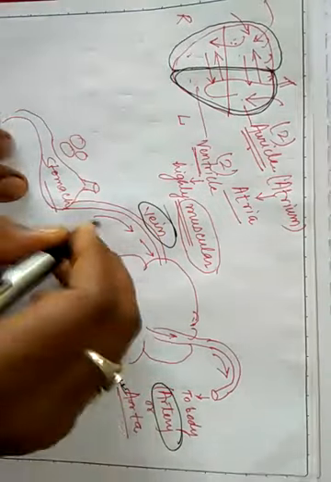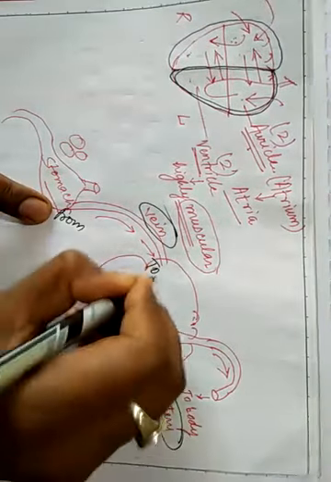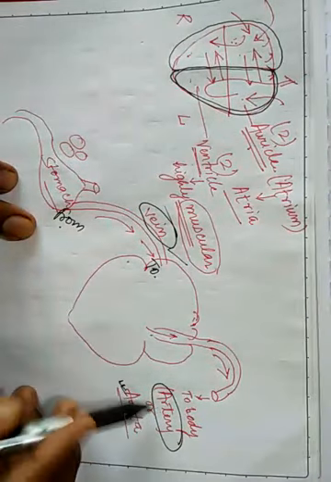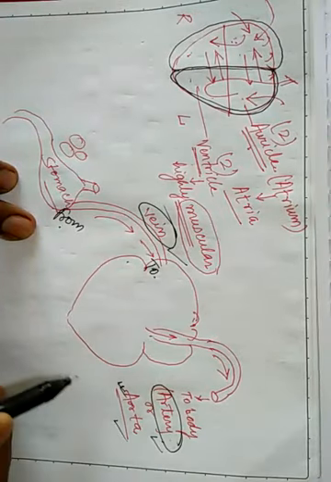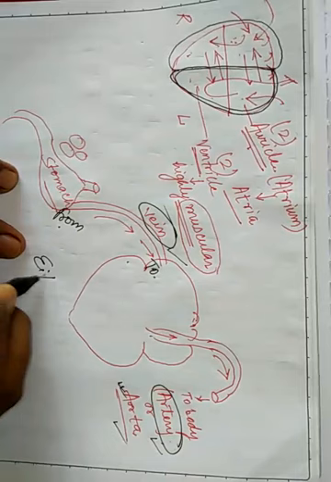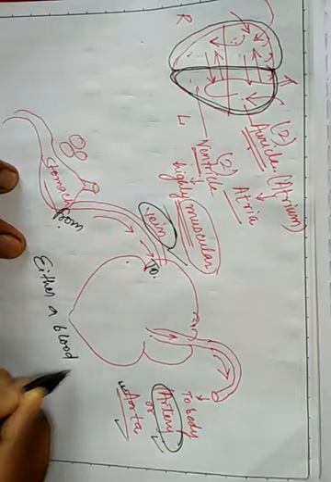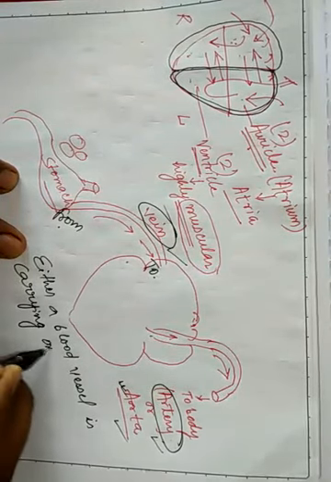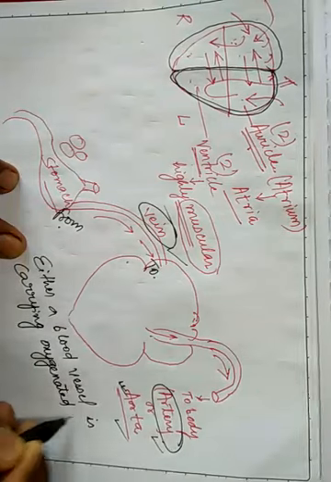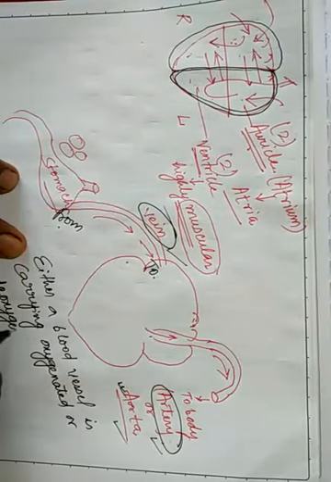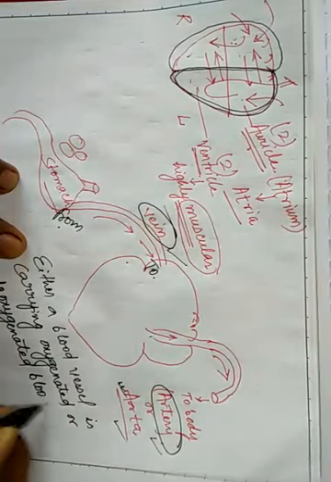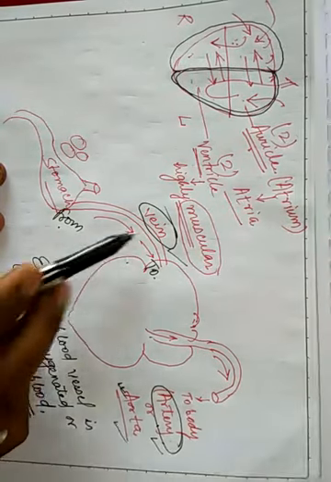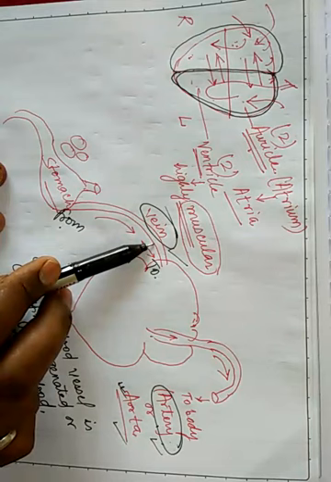So where is this connecting, it is from and to. That means if a vessel leaves any part of the body and goes to the heart, then it is always called a vein, and if it leaves the heart and goes to the body, then it is always called an artery or aorta. It doesn't matter whether a blood vessel is carrying oxygenated or deoxygenated blood. Understood? Sometimes an artery may contain deoxygenated blood, and sometimes a vein may carry oxygenated blood.